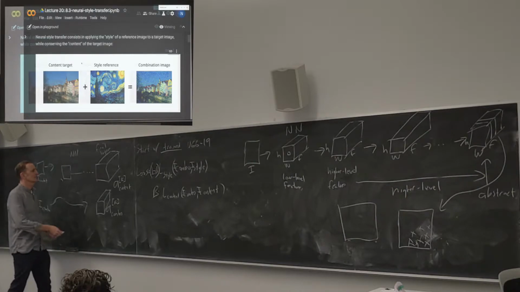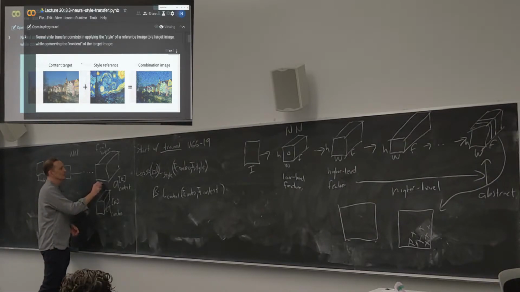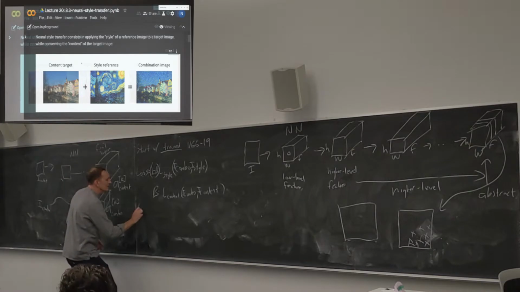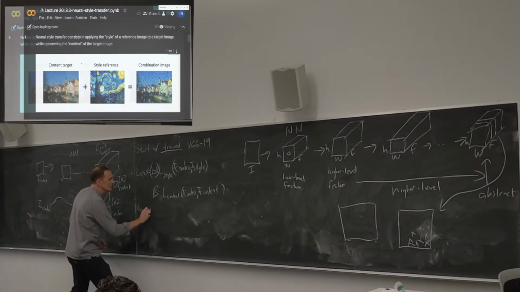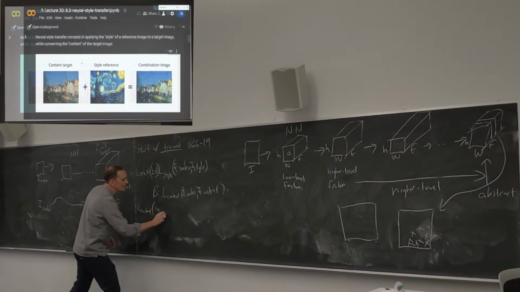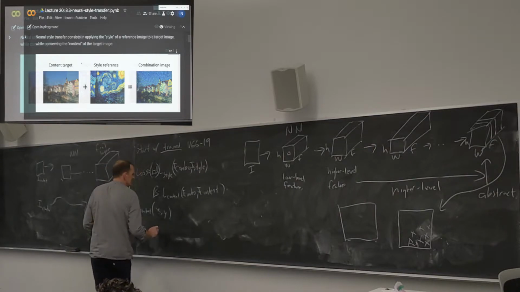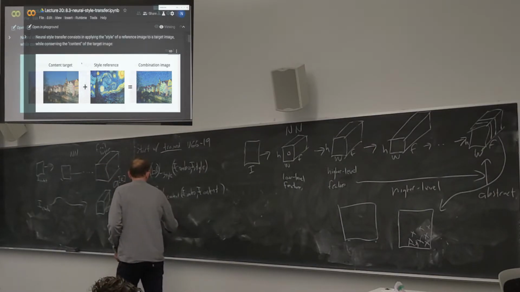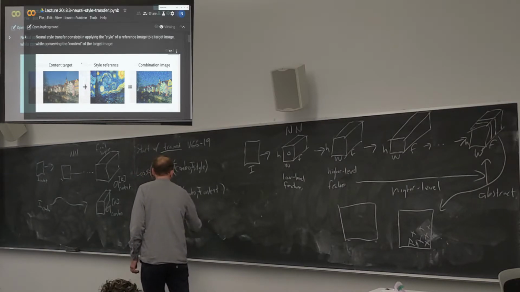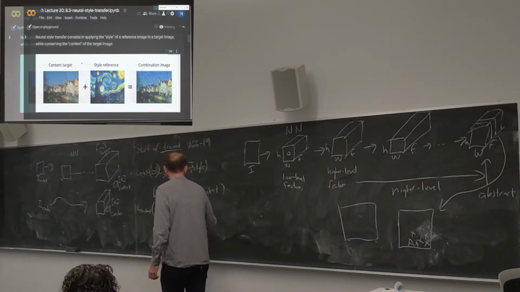And now let's just compare these. So basically, let's subtract these and look at the mean squared error. Okay, so we're going to say the loss of content of, let's just say x1 and x2, equals the mean squared error of the activation.